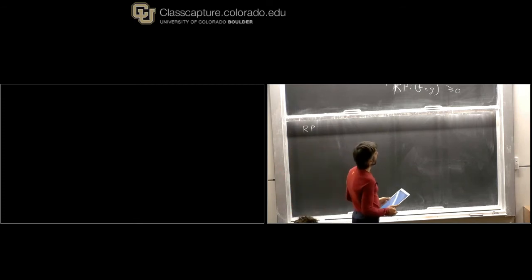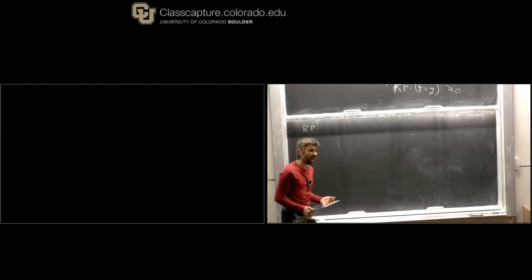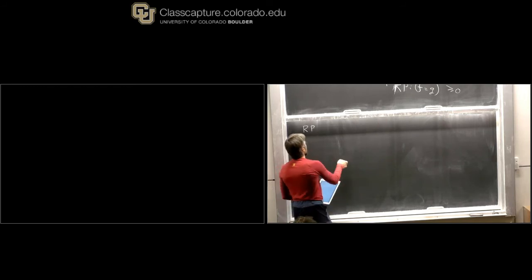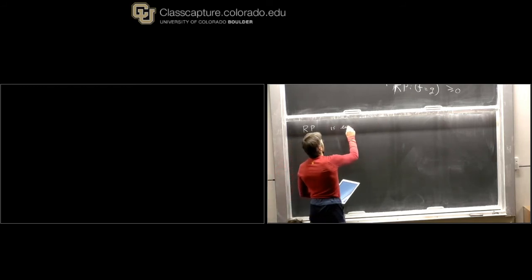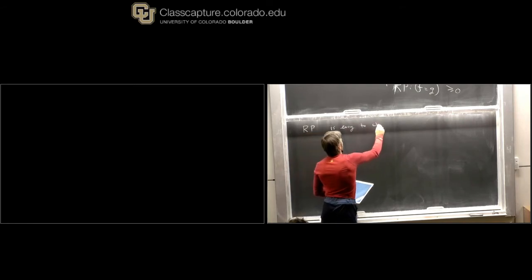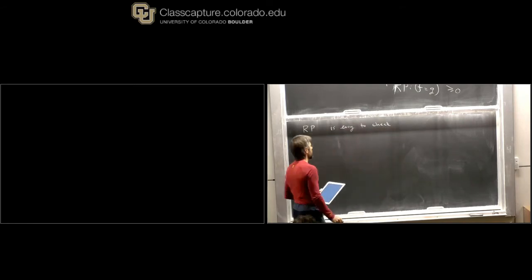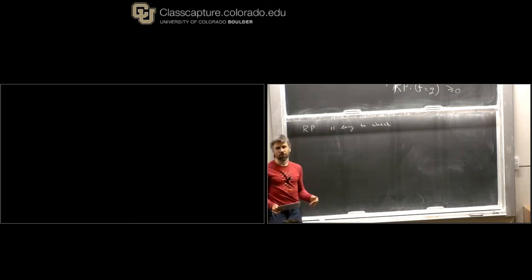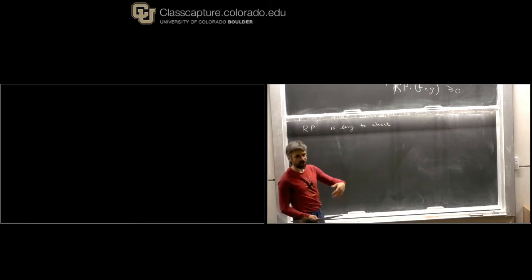And actually, the amazing thing about this RP condition is that it's relatively easy to check in practice. So RP is easy to check. Moreover, a nice thing about RP is that if you are studying some CFT, and you know that your CFT arises as a critical point of some lattice model, it's enough to check RP on the lattice, because the CFT will inherit RP from the lattice.